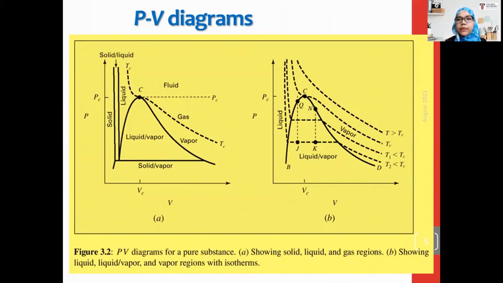We can see that the dotted line here is the temperature, and we have the critical temperature at point C here. However, as the temperature increases higher than the critical temperature, we have the superheated region. All this was already explained to you previously.